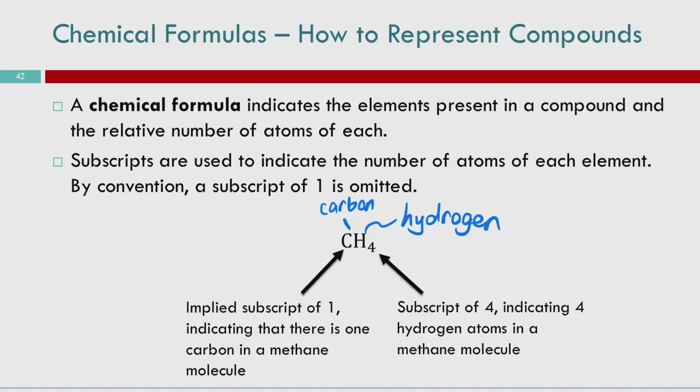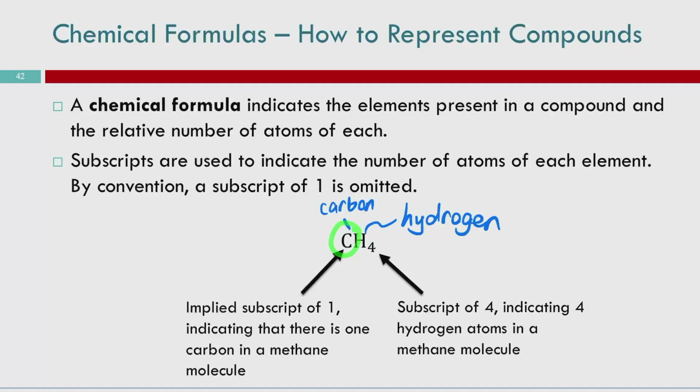So carbon, for example, has no subscript after it. Anytime there's no subscript, we assume that it's just 1. If we wrote in all of the 1s, it would start to get a little bit clunky and messy, and also chemists love saving a little bit of time in the most meaningless ways. So that's a way that we can save a little bit of time and make things a little bit clearer for ourselves.